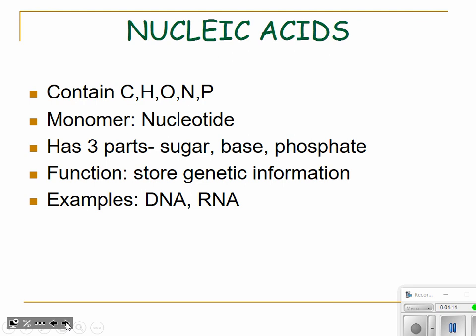The RNA is then read to make the protein at the ribosomes. So, we could say the construction of the protein comes from these nucleic acids, the DNA and the RNA.